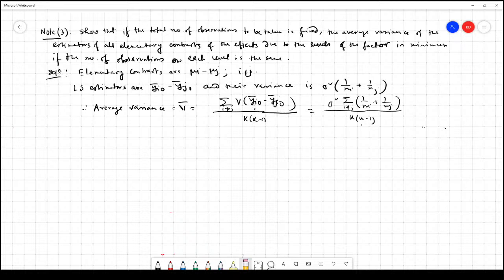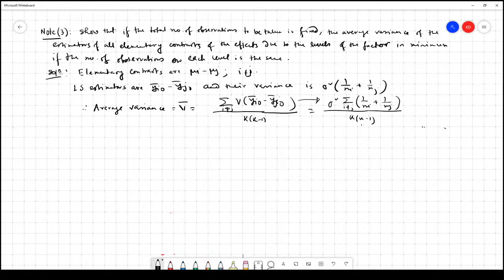Because here the number of pairs is, since i not equal to j, that is k into k minus 1. So the average variance is the sum over i not equal to j of variance of y i naught minus y j naught, divided by k into k minus 1. Agree? So from this we can get this value.